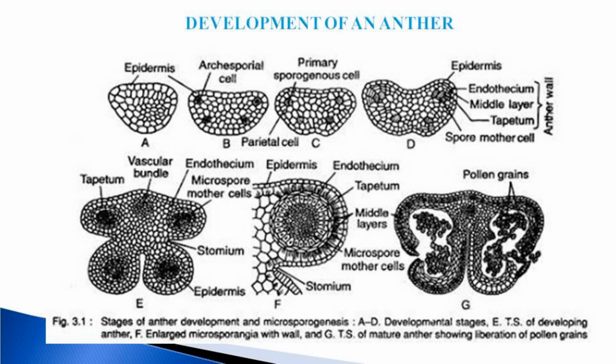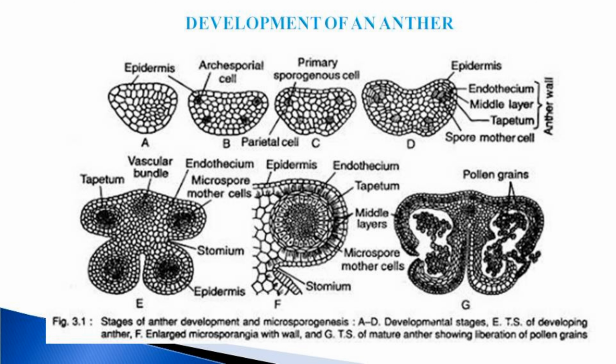Coming to the E diagram, you can see clearly the four layers, that is the outer epidermis, then the endothecium, then the middle layer, and after that the innermost tapetum, which is providing nourishment to the growing pollen grains.